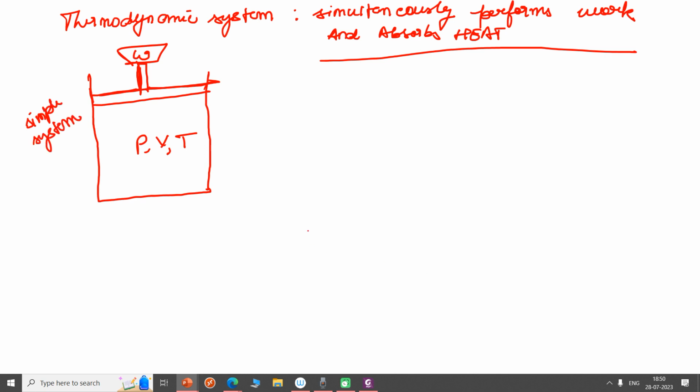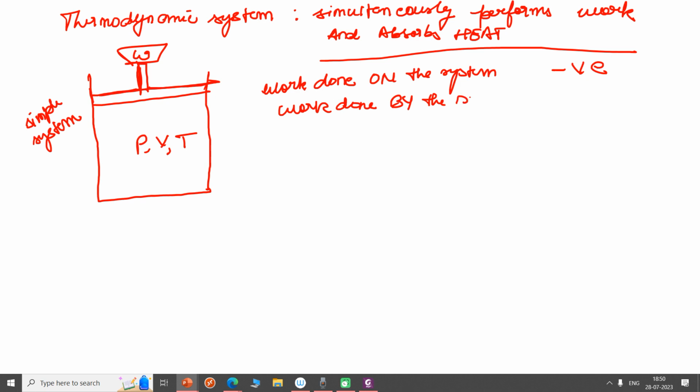So let's say this system simultaneously performs work. When we say perform work, that means it is doing work, and conventionally when work is done on the system, the convention is negative, and work done by the system, the convention is to take it positive.